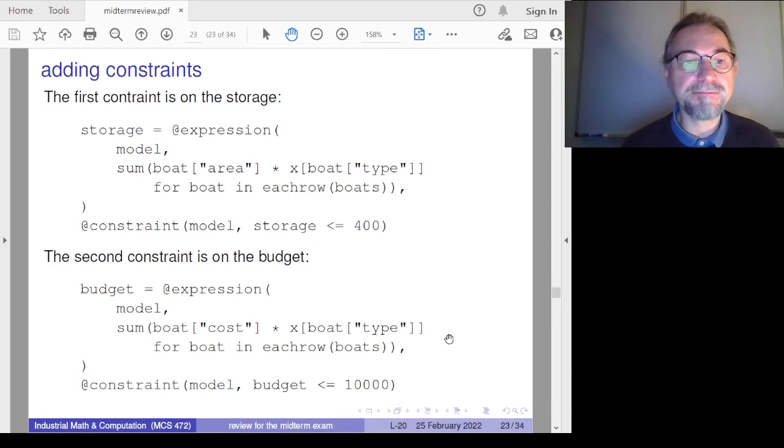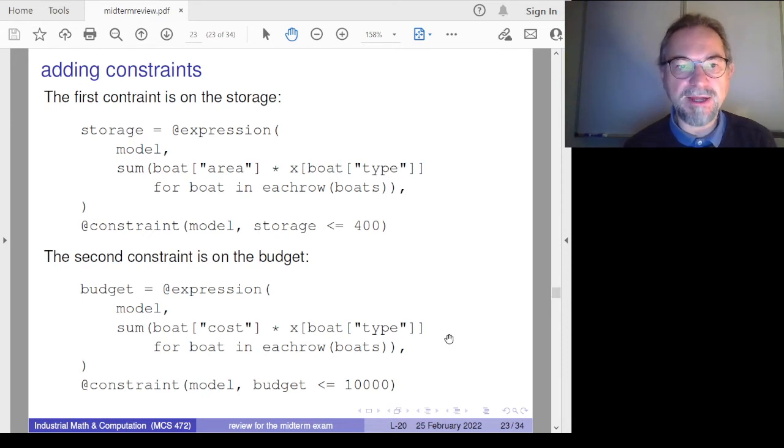But you see that in both cases, adding one extra constraint is actually not difficult. So we run over the columns area and costs. So here we have two constraints on the area and the cost.